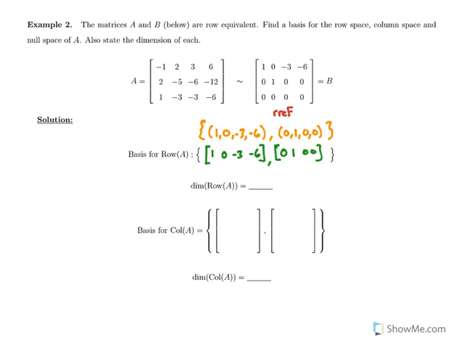So look at the non-zero rows of B, not those of A. And again, the reason for that is because in this matrix B, this row reduced echelon form, the rows, all of them, form a linearly dependent set. That row of zeros is a linearly dependent set.